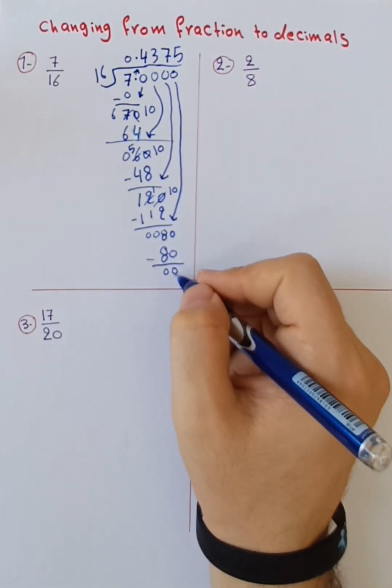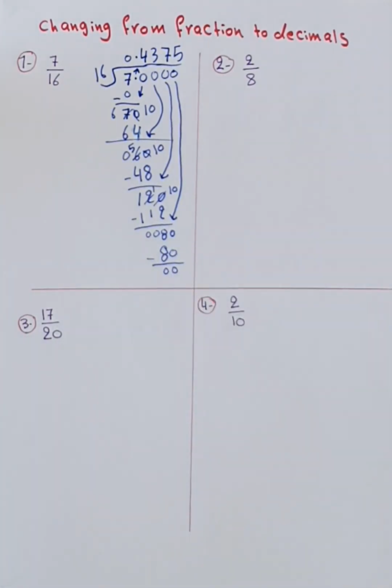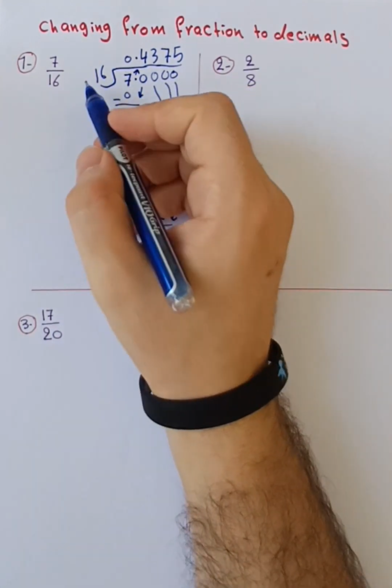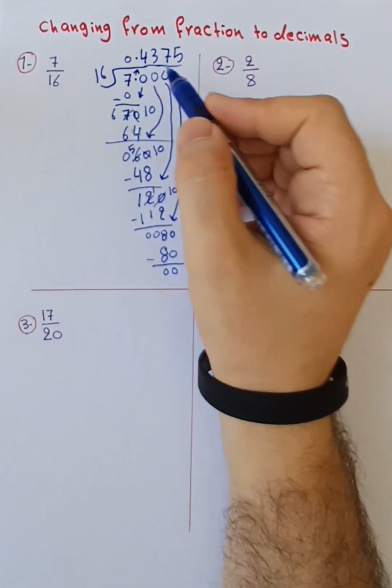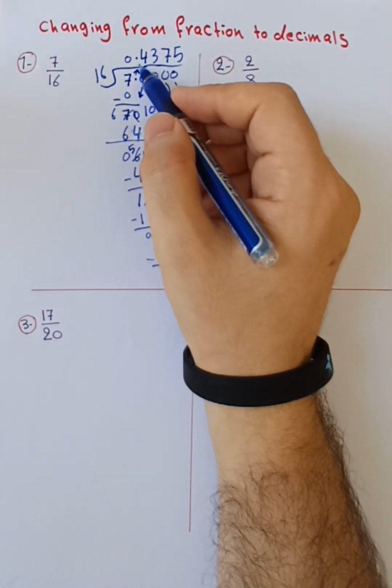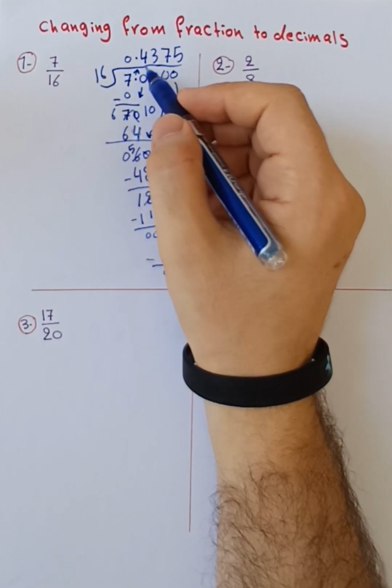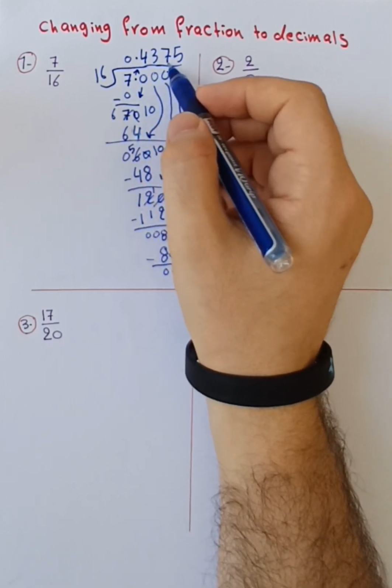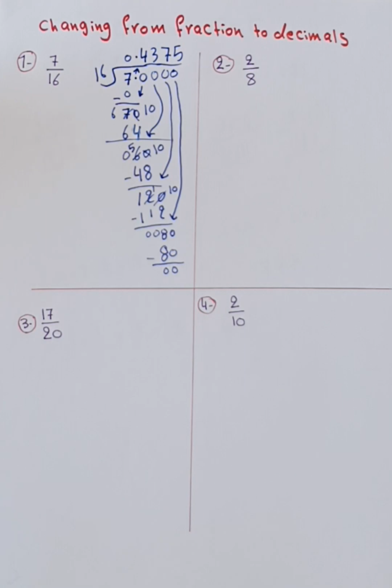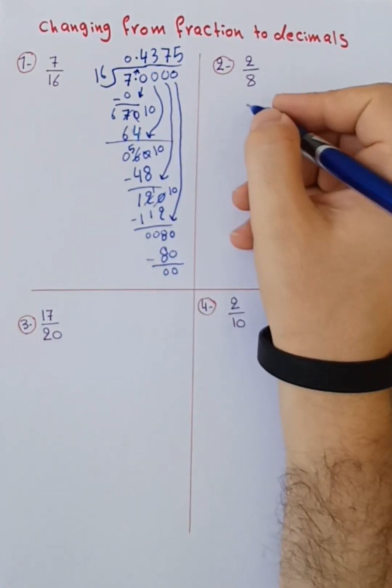So the remainder is 0. We have to stop. The decimal form for 7 out of 16 equal to 0.4375.